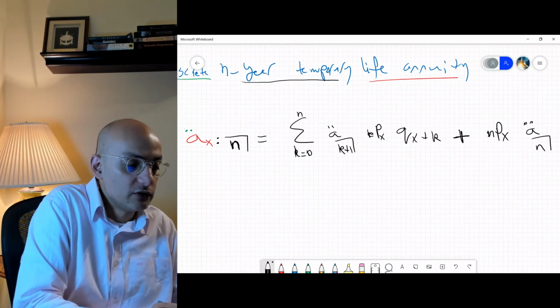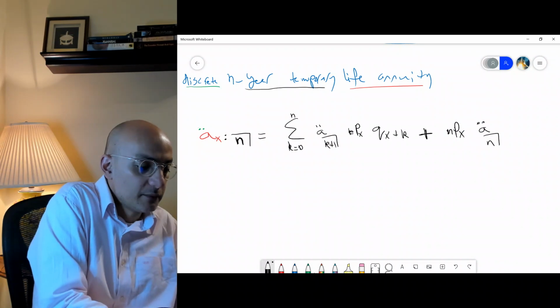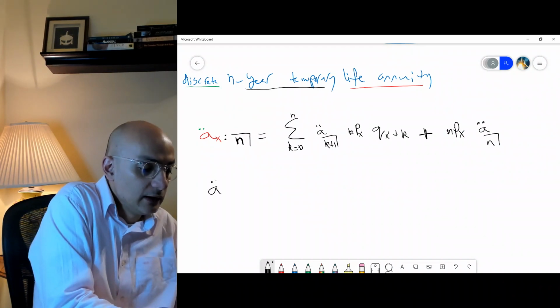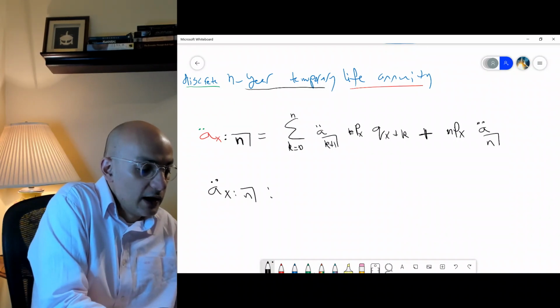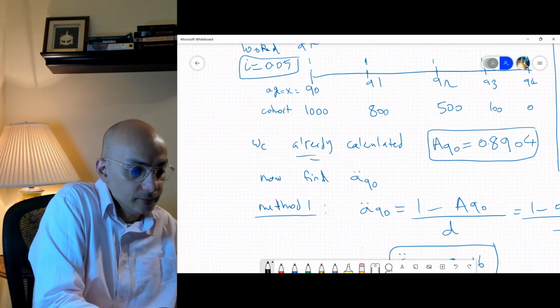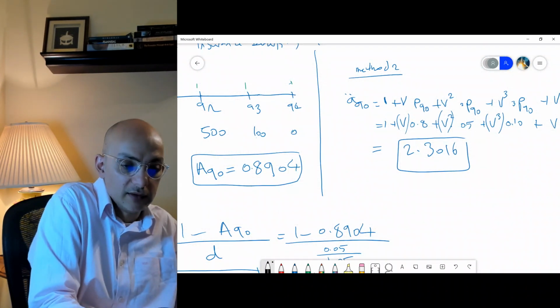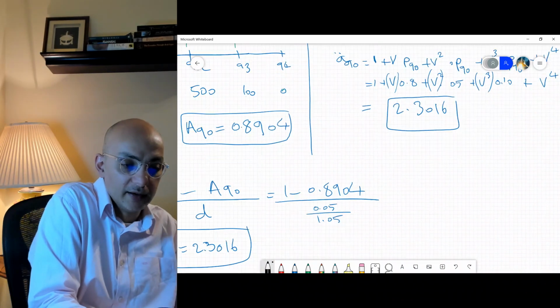This is one way to do it, but this is not the most efficient way. The other, more efficient way is to write a-double-dot x, n simply, similar to here, but you have 1 plus v, and to get the v, you need to survive, similar to what we did here, but you stop it at n, right?